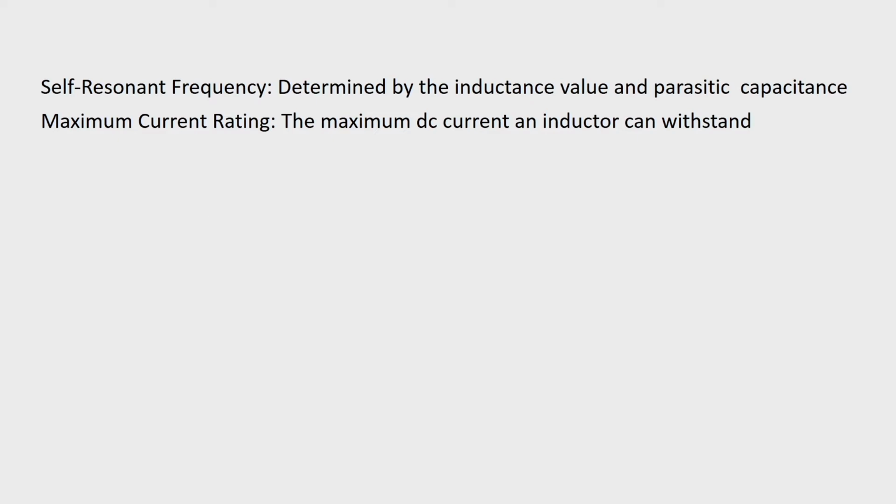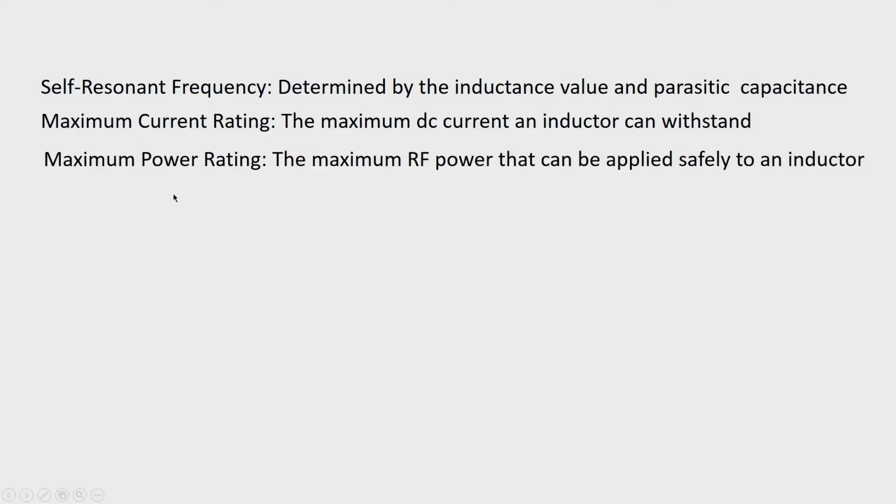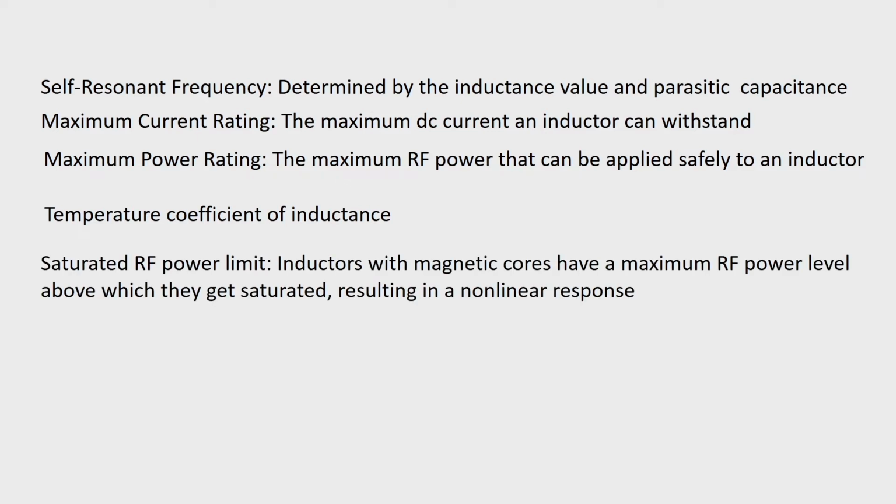Then maximum current rating, the maximum DC current that an inductor can withstand. So, this is another important rating. Then maximum power rating, the maximum RF power that can be applied safely to an inductor without the inductor being damaged. Then temperature coefficient of inductance, this is also another important parameter, and finally saturated RF power limit.